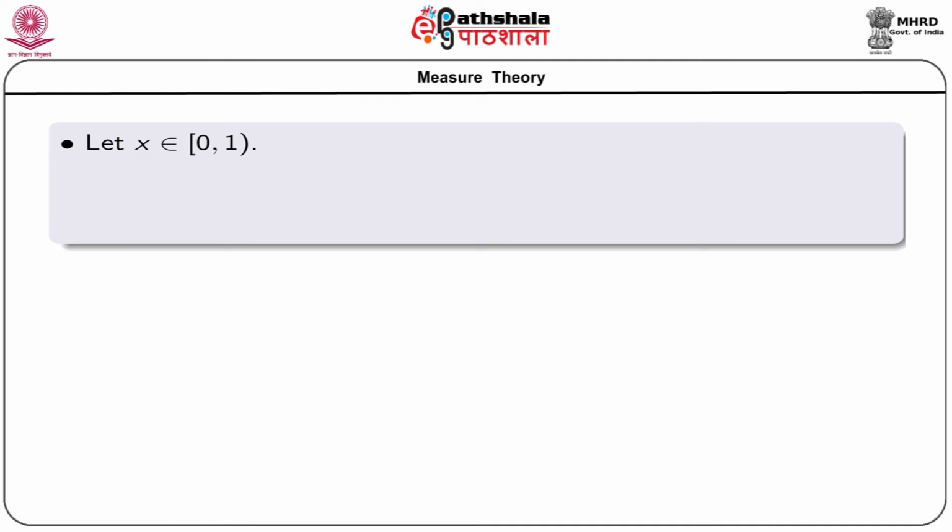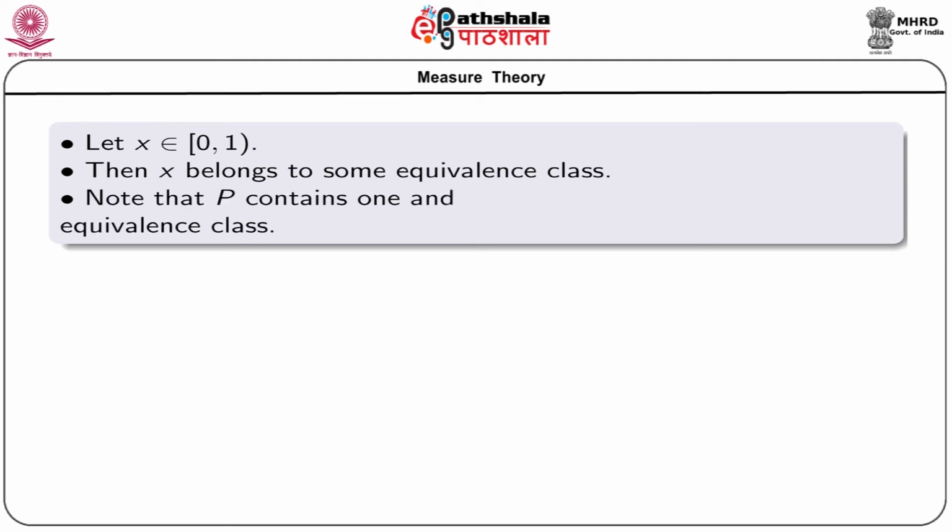We start with our first assertion. Let x be any arbitrary point of [0, 1). Since [0, 1) has been partitioned into disjoint equivalence classes, this point belongs to some equivalence class. Note that the set P contains one and only one element, say small p, from each equivalence class, so it contains one element from this particular equivalence class.